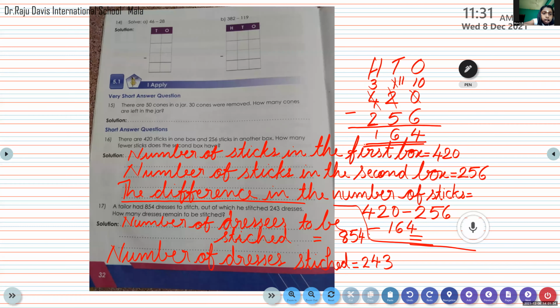Ma'am, there are 2 in dresses. Yes, there are 2 in dresses. Number of dresses.